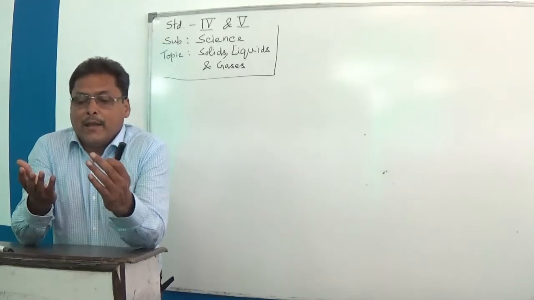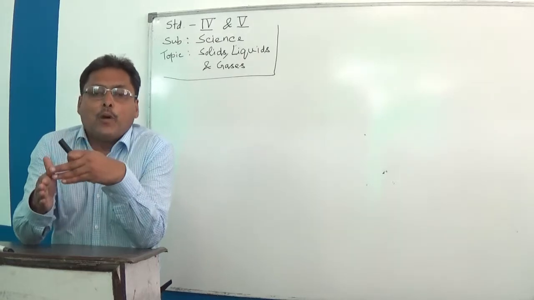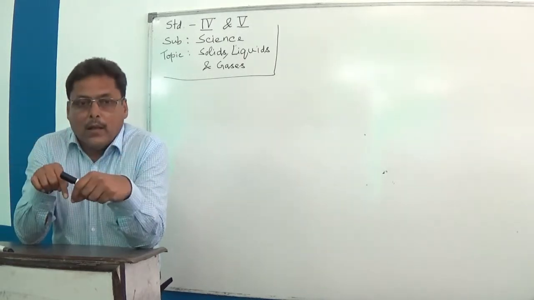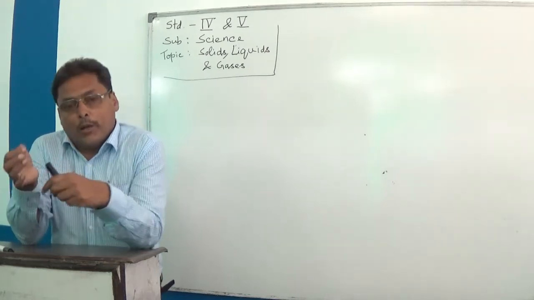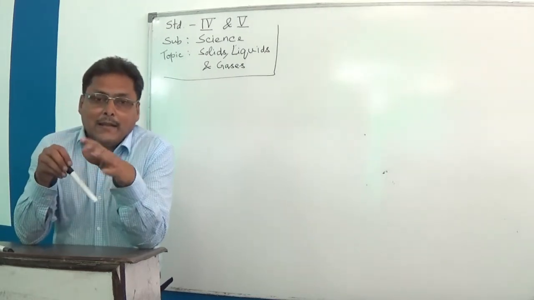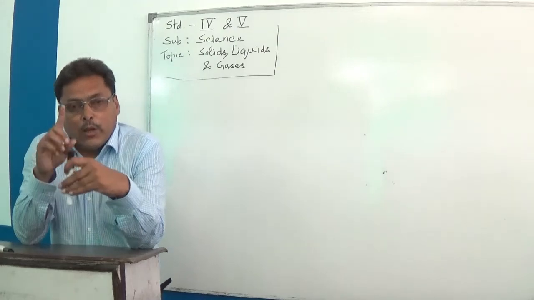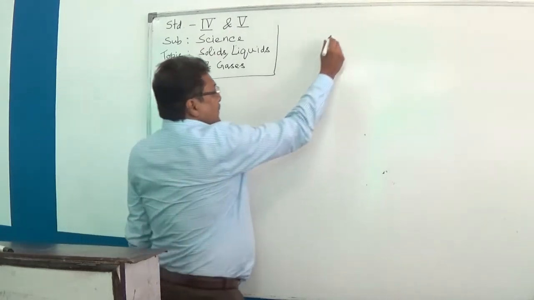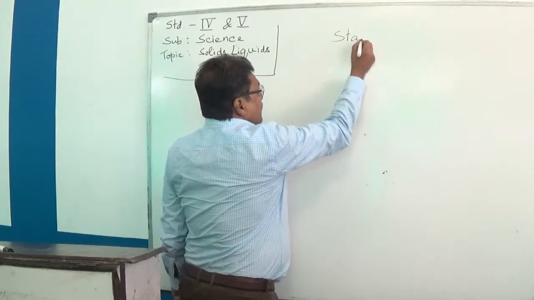In the same way, if you push air into a balloon, the rubber balloon is solid, but the air inside it is gaseous. So any matter can exist in three states of matter.